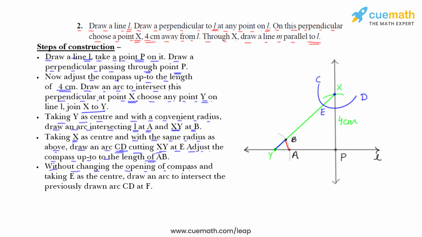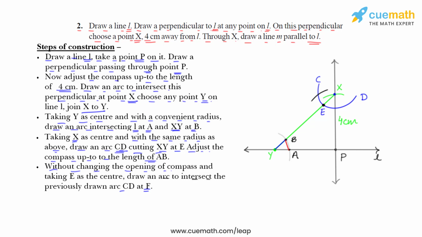Without changing the opening of the compass, taking E as center, draw an arc to intersect the previously drawn arc CD at F. That is, we draw an arc taking E as center with radius AB, intersecting arc CD. So we draw an arc like this.